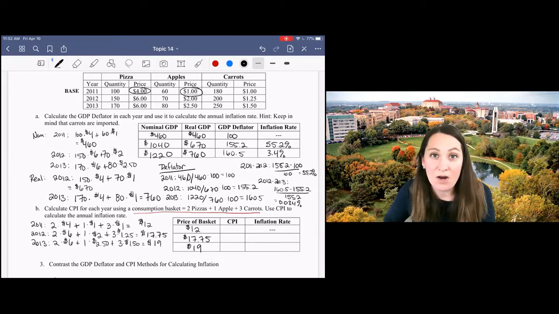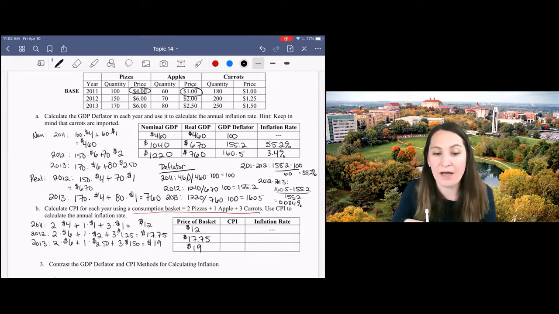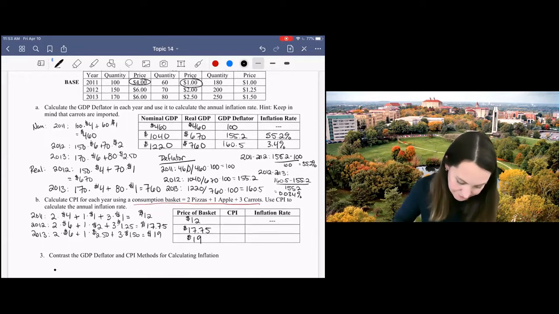Now, to calculate our consumer price index, what we're going to do is sort of similar to the GDP deflator. We'll take a ratio of prices in the current year to the base year and then multiply by 100. And in this case, that means price of the basket in the current year divided by the price in the base year times 100. I think that formula is on the previous page of your handout.